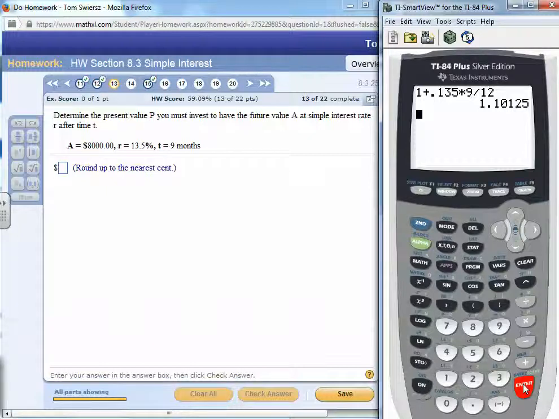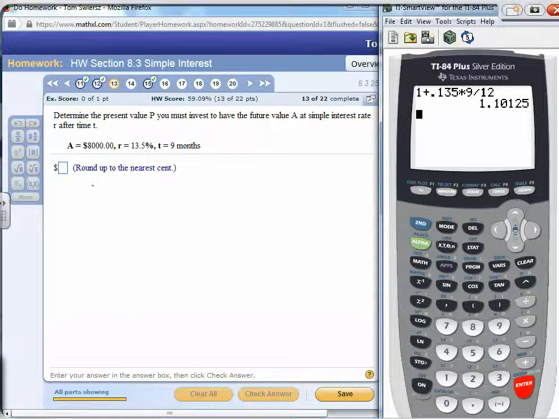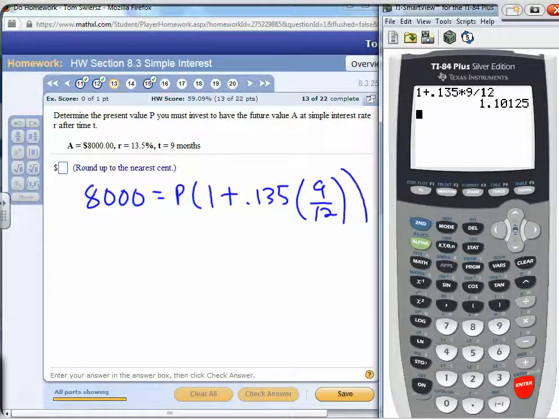So remember, what did we have? The amount was 8,000, equals P times 1 plus 0.135 times 9/12. But this 1 plus 0.135 times 9/12 is right there, right?